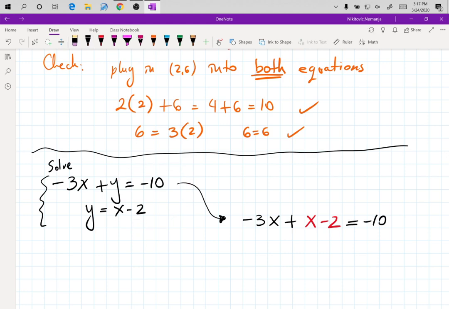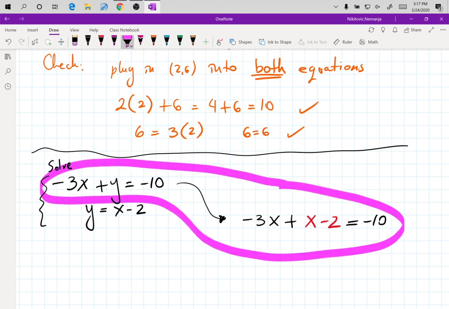Please note that these two equations are the same equation, except y is replaced by what y is from the second equation. That's the idea.